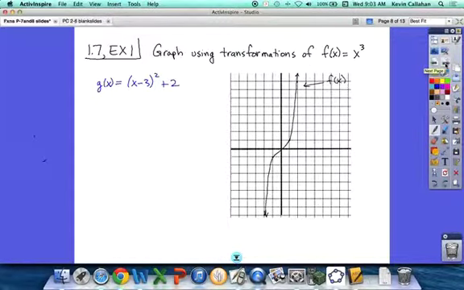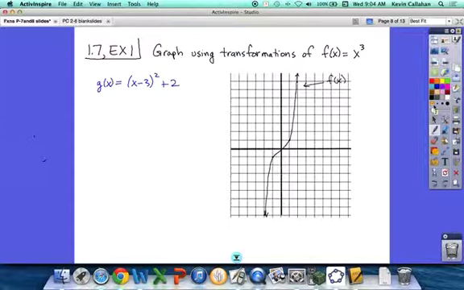Okay. Graph using transformations. Again, when they say transformations, that means don't do a table of values. Just understand the shape and move it according to what you see here. What are the transformations that we see here? Right 3, up 2. So you could take some specific points on this graph and just move them.